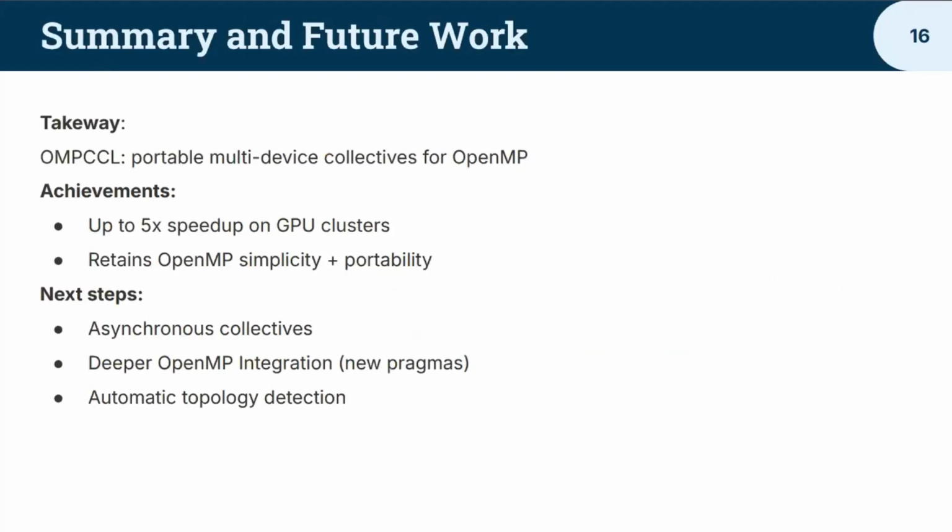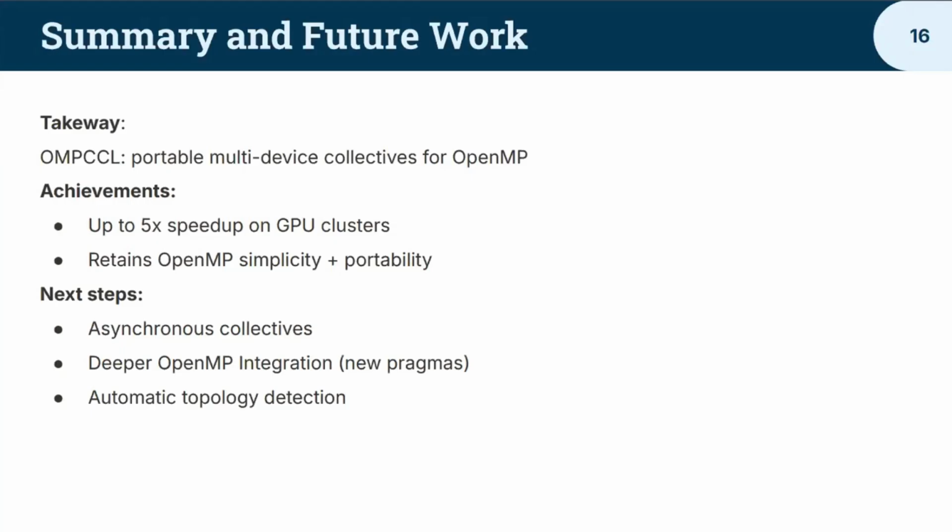So, summary of the work. We present Pico, portable multi-device collectives for OpenMP. We have a nice speedup, again, comparing against a naive implementation, and we propose an interface that tries to be compliant with the current OpenMP model. A natural continuation of that is to consider asynchronous collectives and present pragmas that are more integrated with the target model.